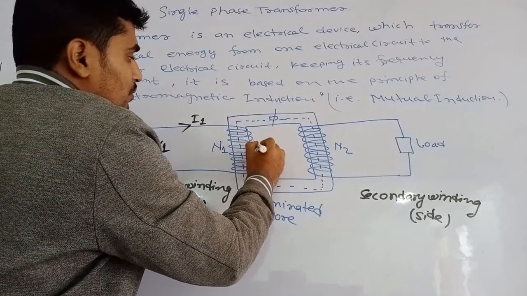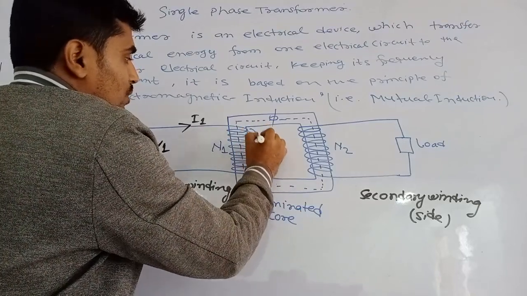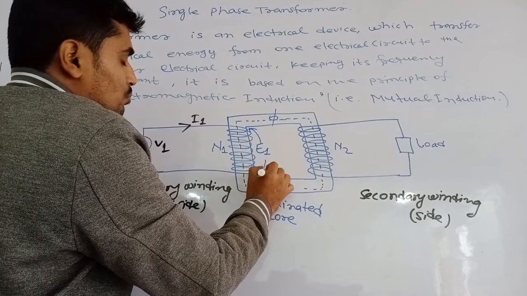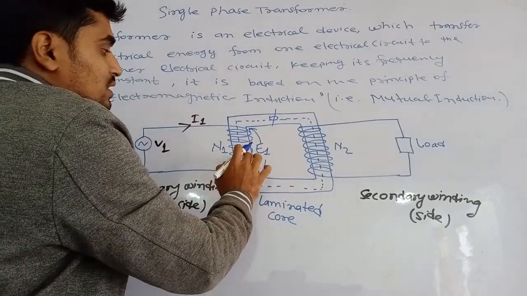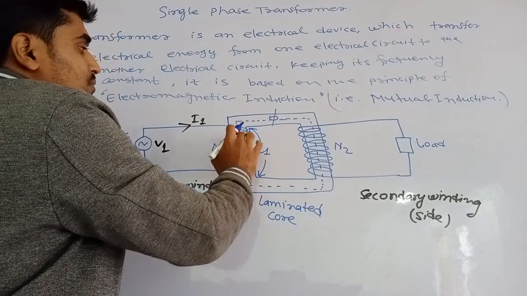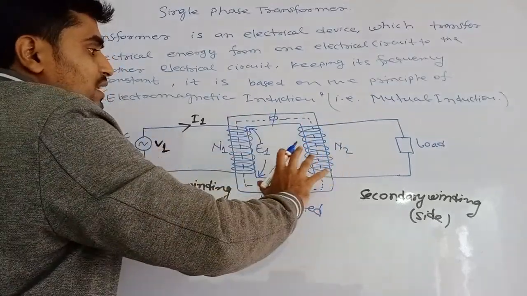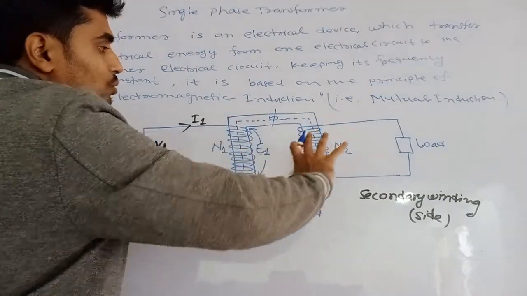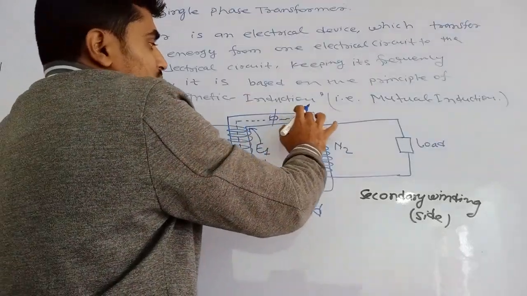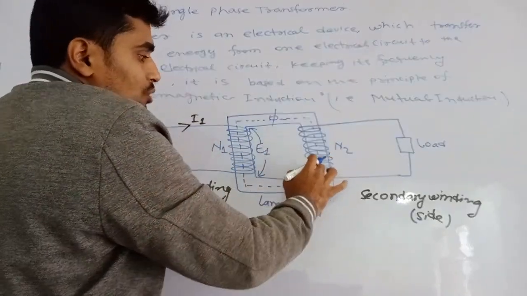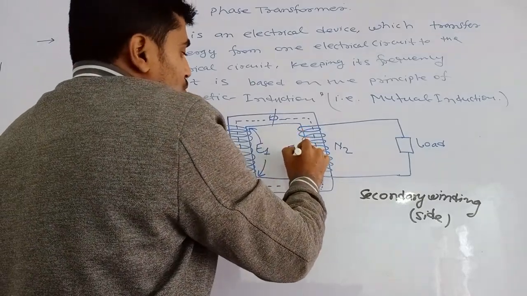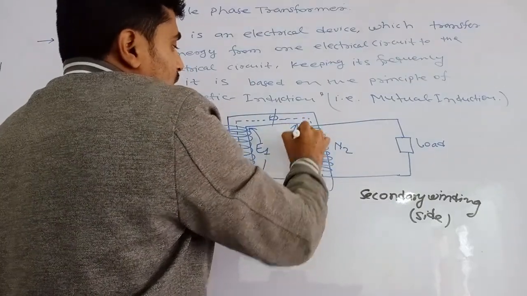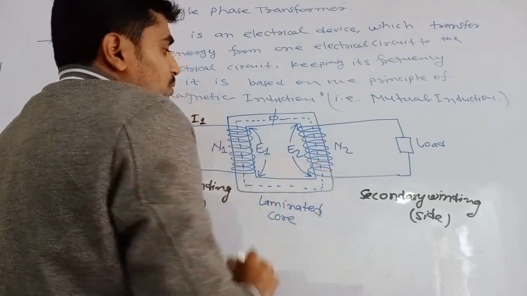So the EMF E1 is produced. E1 is the potential or voltage developed by these inductors. Similarly, as the flux circulates over the core, it also circulates among the secondary inductors, and that is why a strong EMF is induced on the secondary winding.